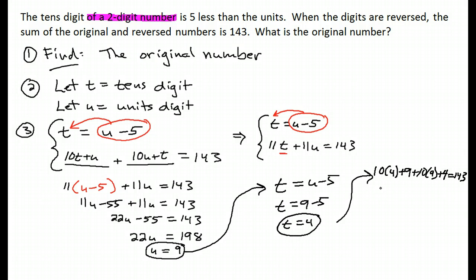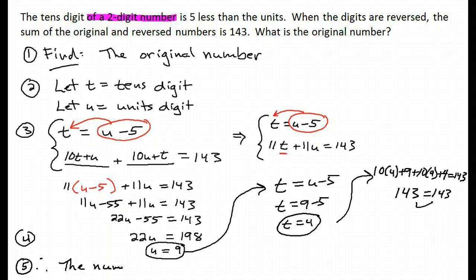Okay, so when I check that, I get 40 plus 9 plus 90 plus 4, that's 143, so it does check. Alright, so I need to put my number 4 over here, and then make sure step 5 answers step 1. You're looking for the original number, so that would be 49. So I would say the number is 49.